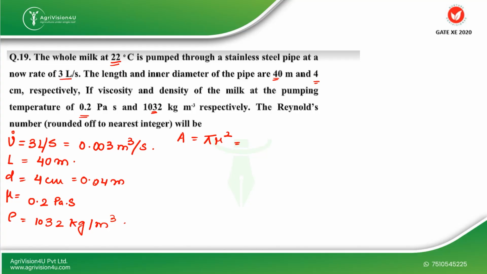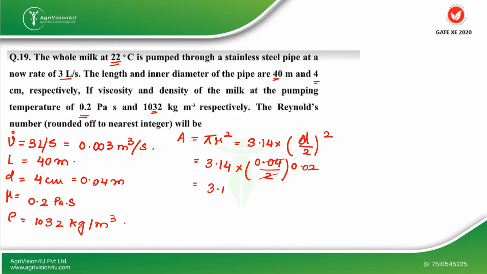Pi, we know, 3.14 into d by 2, which equals 3.14 into 0.04 by 2, or it is 0.02. 3.14 into 0.02, so we'll get somewhat 1.25664 into 10 to the power minus 3 meters square.